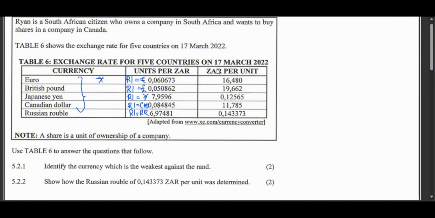Okay, now, how do we tell the weaker currency versus the stronger? What I want you to note is that the one with a smaller value in appearance will always be the stronger, and the one with a bigger value will always be the weaker.